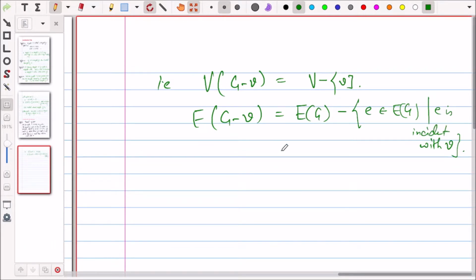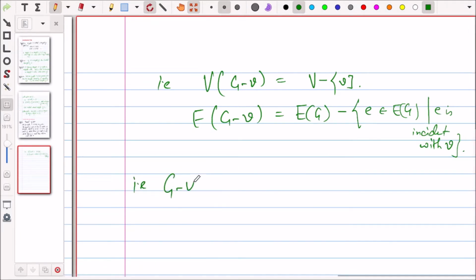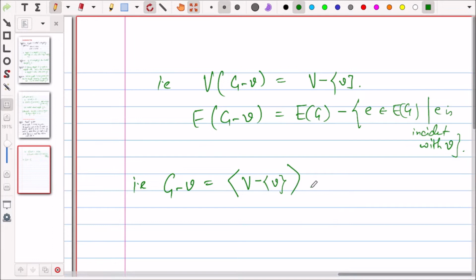So we remove all those edges and then we get the graph G minus v. So G minus v is the induced subgraph induced by the set V minus v, because it will be maximal, since we have only removed those edges which were incident with v, and all the other edges remain, right?